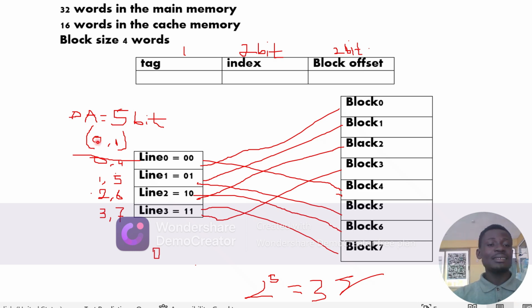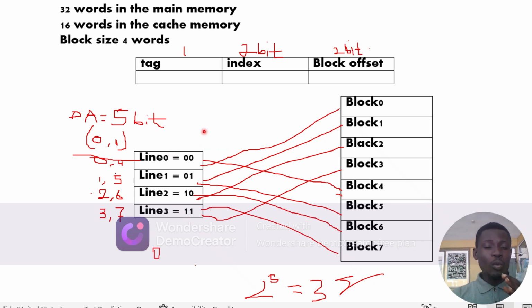We need only 1 byte to differentiate the tag or the address, and the byte will be either 0 or 1, because first of all we are dealing with binary. So the byte we need should be either 0 or 1 to differentiate. So this is how we do it.